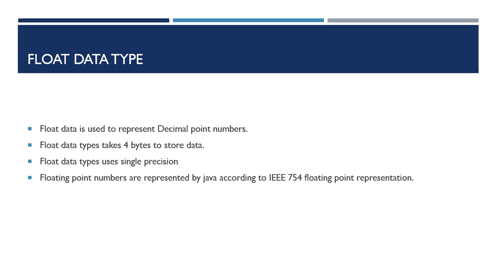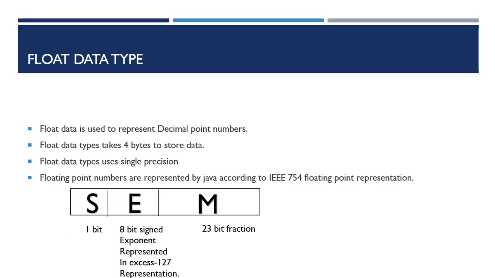Because of this, a standard known as the IEEE 754 floating point standard was defined, so that each machine represents a number in this format. Let's take a look at this format. It divides the 32 bits into 3 parts.